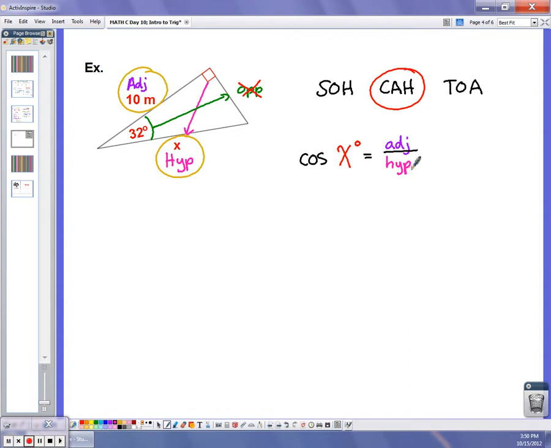The third step is to substitute our known variables, and we do know that the reference angle happens to be 32 degrees. We see that right over here. We put in our equal sign. The adjacent is 10. And the hypotenuse, we do not know. So we'll label that as x.